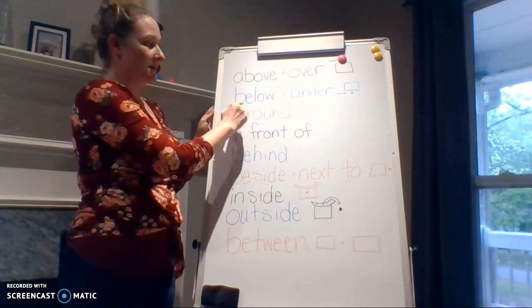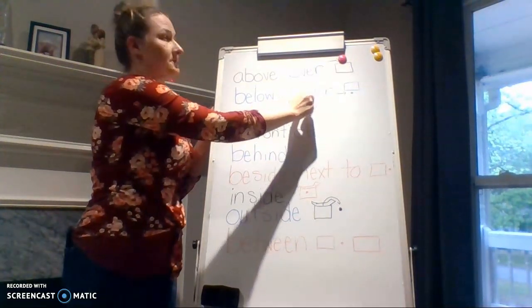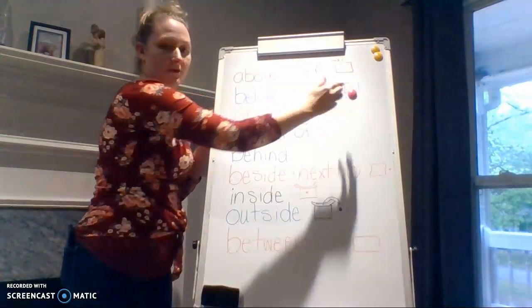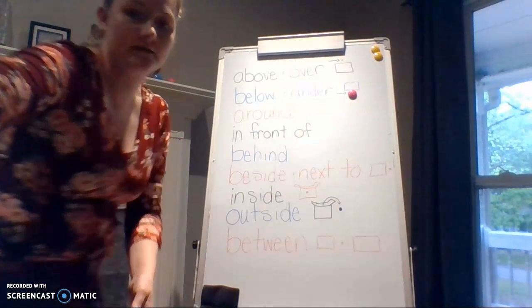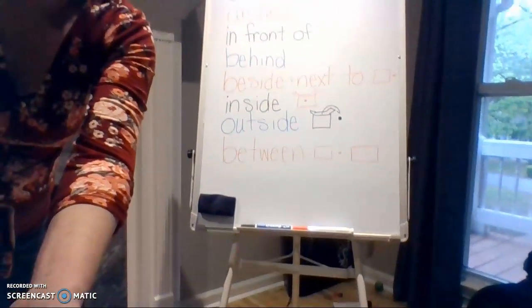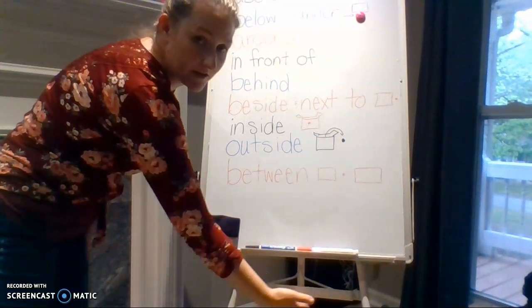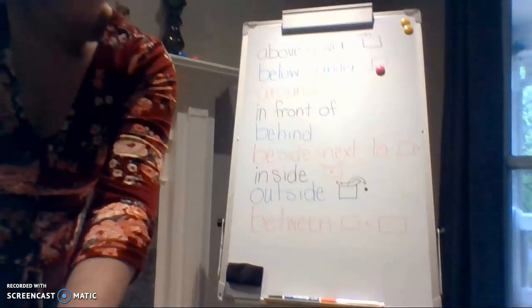The next set, below, under. Okay, so if I take my magnet, I'm going to put it under. Okay, so under, it's kind of hard to see the board. Go down. So my hand is under, below the board.